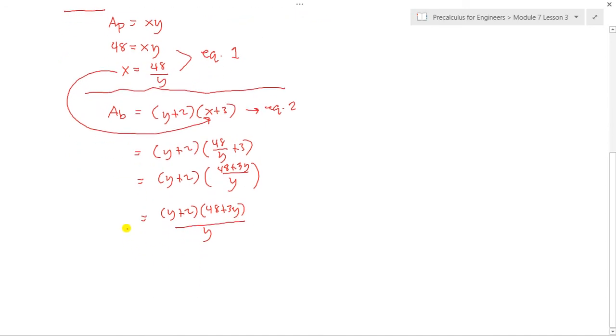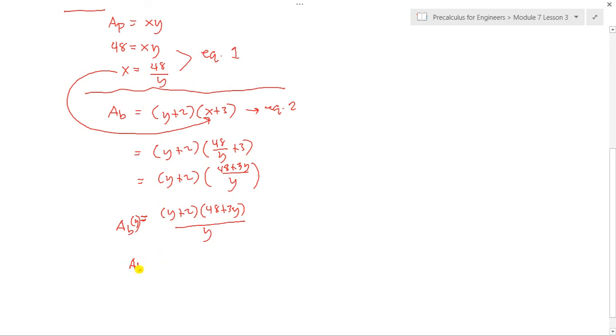So this is a rational function in terms of y. So this is AB of y niya. AB of y is equals to y plus 2 times 48 plus 3y all over y. So here we have a rational function. Atong buhaton is how are we going to get the minimum value of our AB?